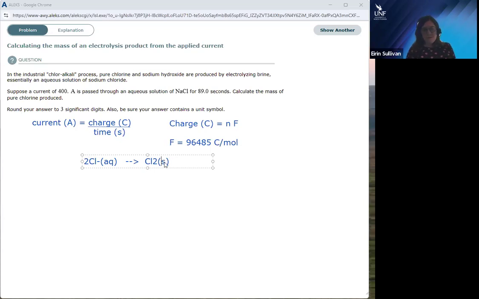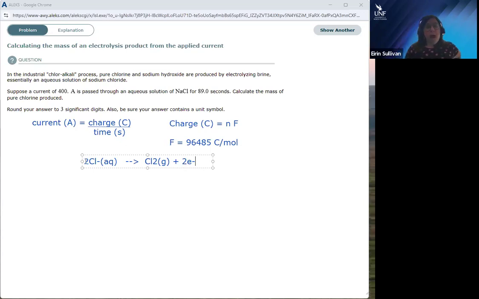Chlorine won't be a solid; it's going to be the gaseous state under standard conditions. To balance the charge, we have to add 2 electrons to this half reaction. If we have the current and the time, we can calculate the charge. If we have the charge and the Faraday constant, we can calculate n, the number of moles of electrons being transferred.